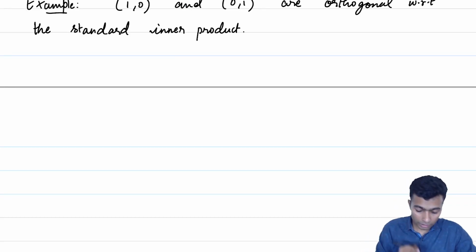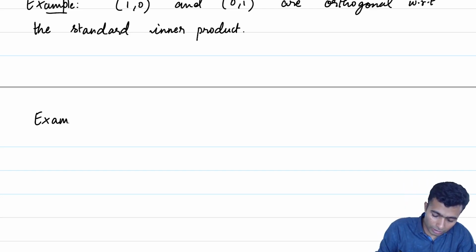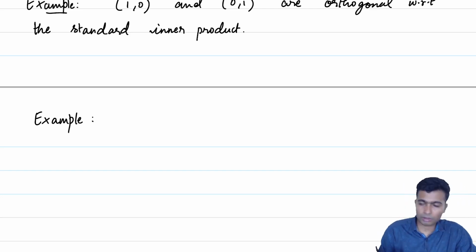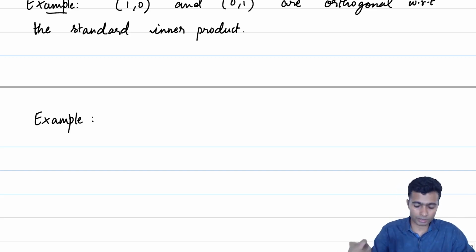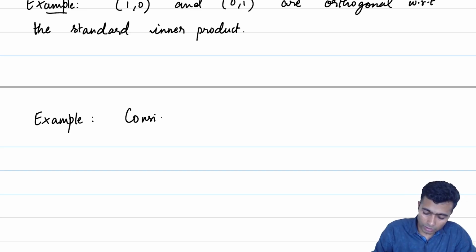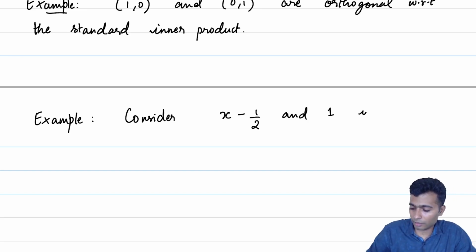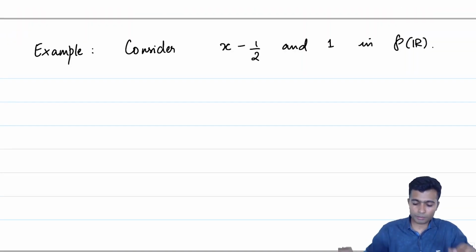Let's take an example to depict that orthogonality is a property which is very much dependent on what inner product we consider. So let's consider P of R. Consider x minus 1 by 2 and 1 in P of R. And let's look at what will be the inner product of these two.